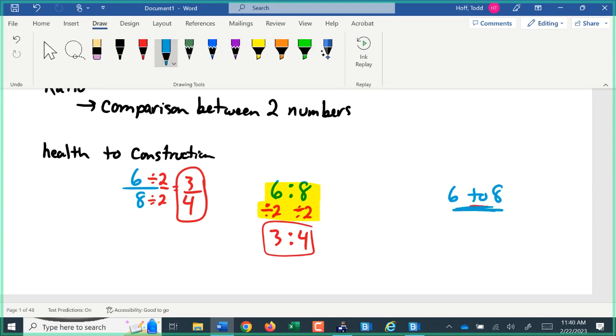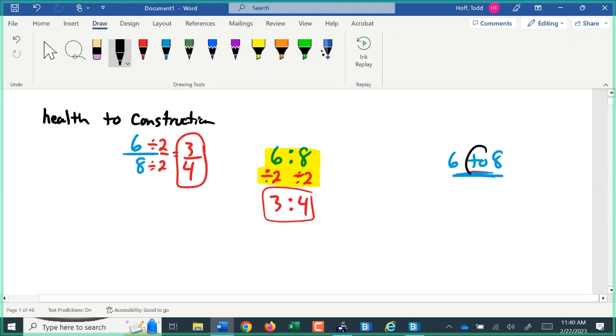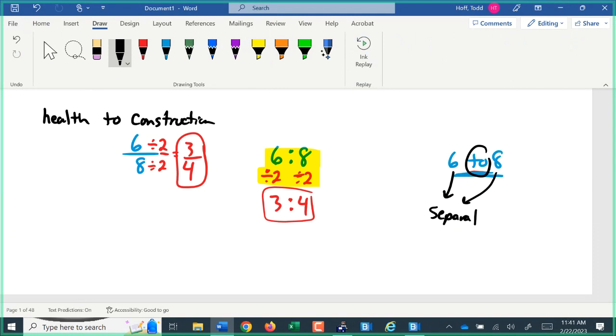Now I mentioned this form over here with the word "to" in it. The word "to" implies that these two are separate groups. Separate, whether it's people, groups of people, separate formulas, ingredients in the formula, whatever.